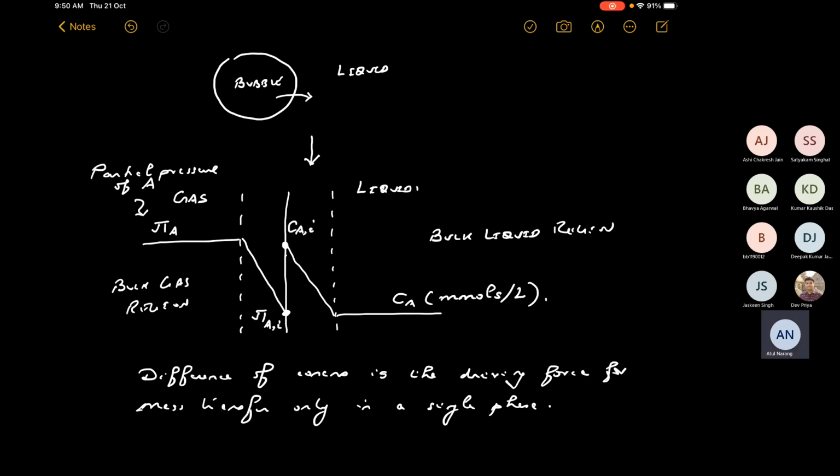The moment I have an interphase transfer from one phase to the other phase, it is not the difference of concentrations that drives the flux. It is actually a quantity called chemical potential, which is covered in, I guess, thermodynamics, which does not have any simple relationship to the concentration. So that is why we are forced to split this problem into two parts, right?